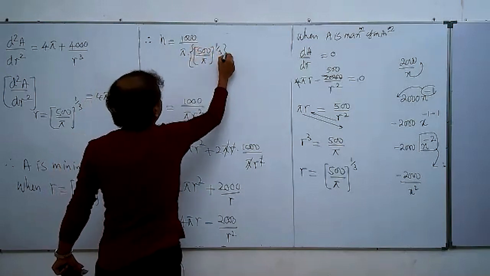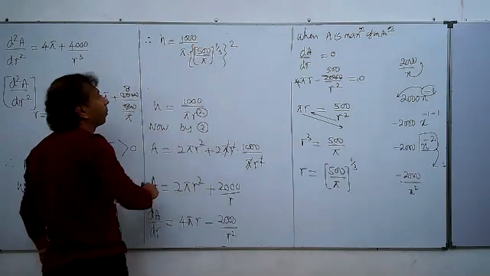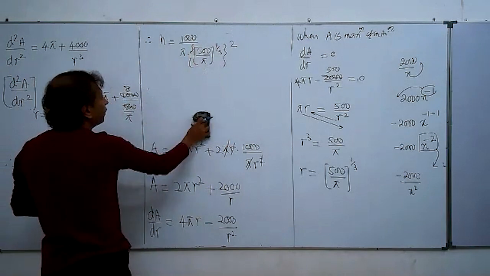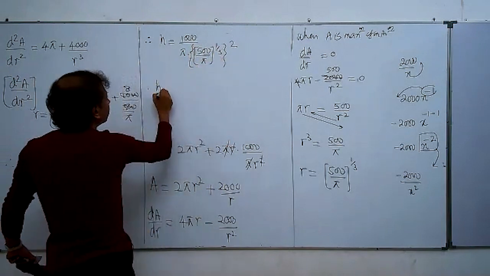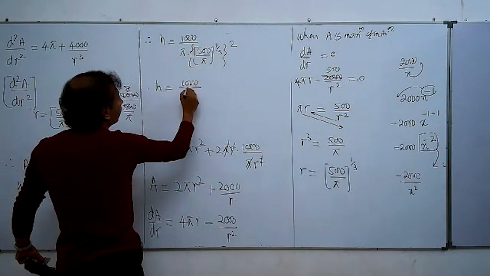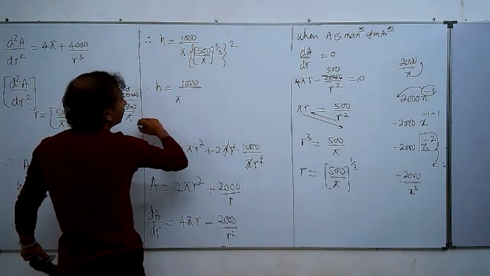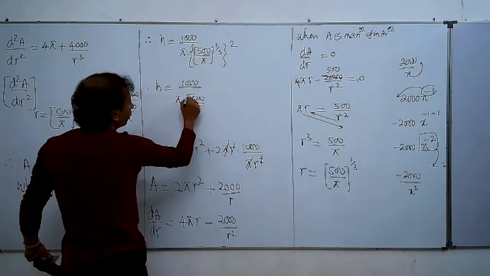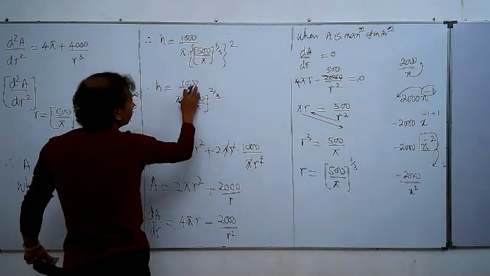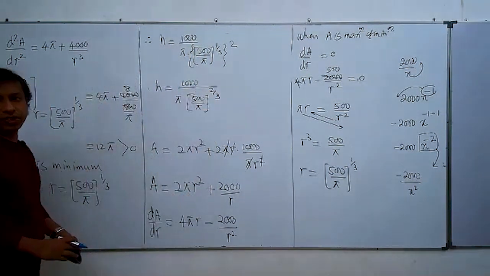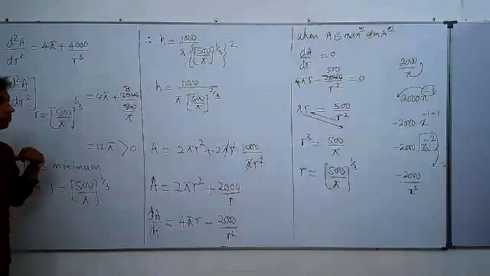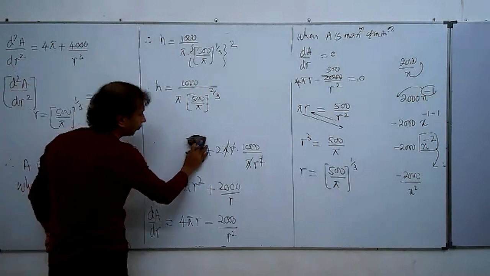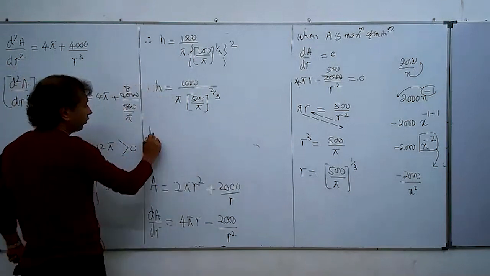It's a perfect square we have put. Then when you multiply this power with this 2, we get power 2/3. Then h comes as 1000 divided by pi times (500 divided by pi) to the power 2/3. We can simplify this further.